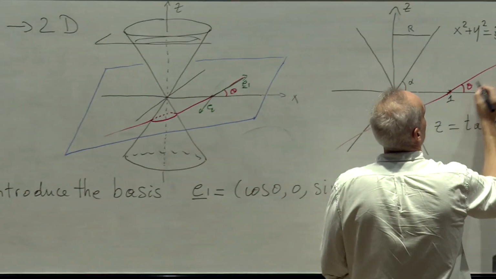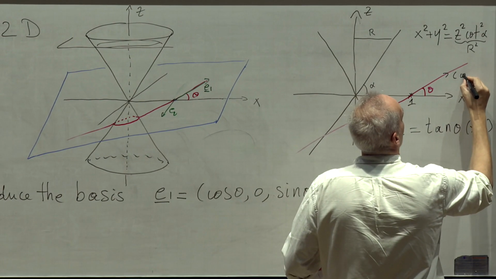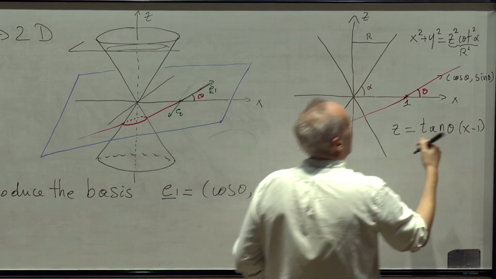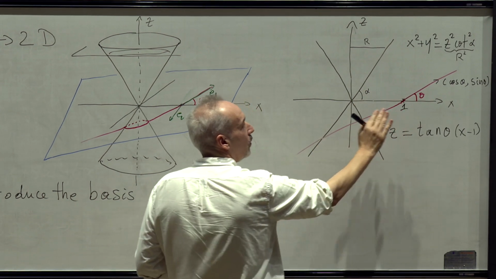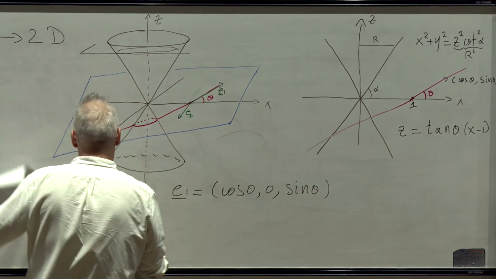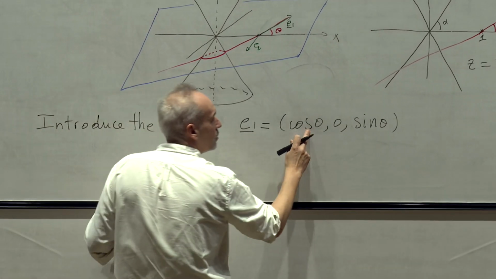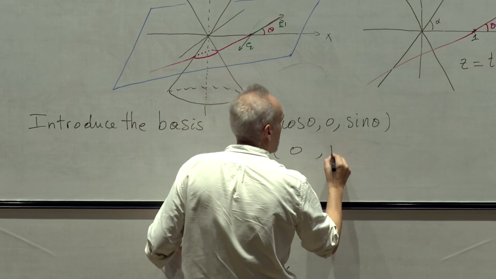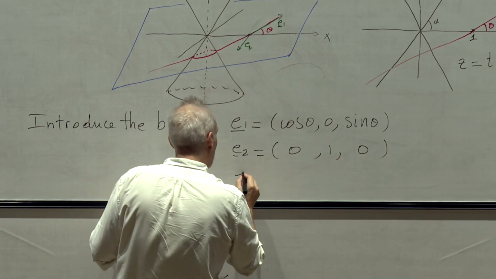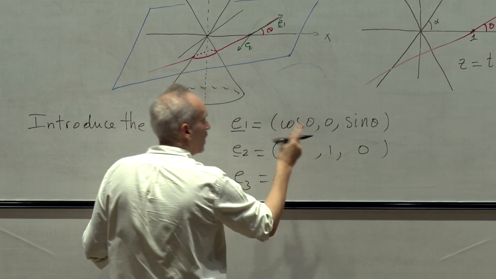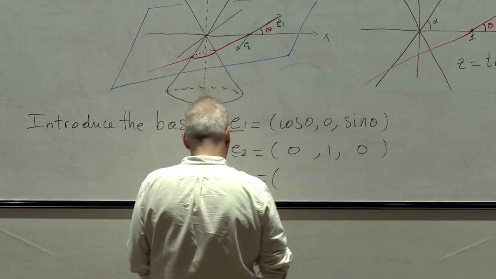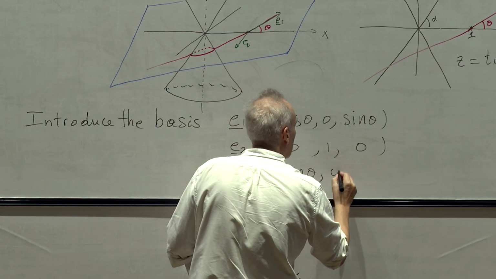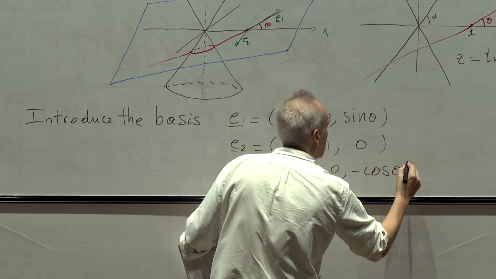Here in the xz plane it's cos theta, sine theta, and I take it in y equals 0, and so in xyz in R3 it's cos theta, 0, sine theta. I take E2 to be 0, 1, 0, and E3, to make an orthonormal basis, I change the cos to a sine, and I change one sign: sine theta, 0, minus cos theta.